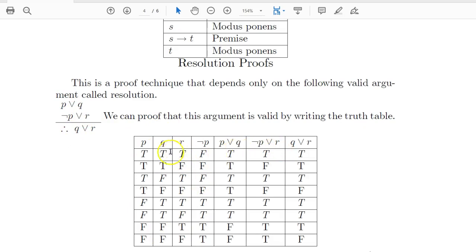Fill out all columns for P, Q, and R in standard order, and then fill out the needed columns using the definitions of negation and disjunction.